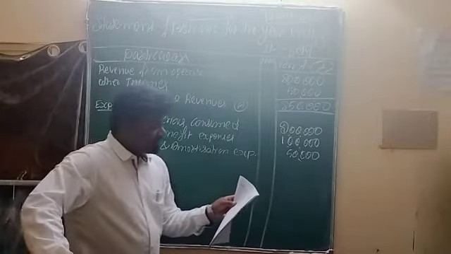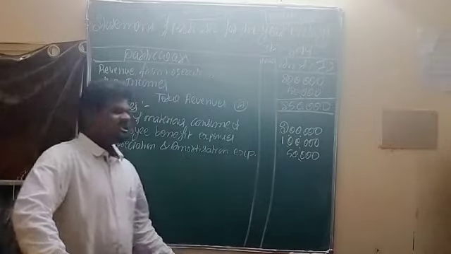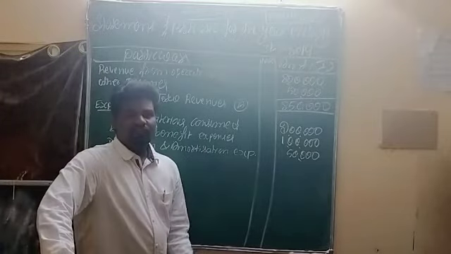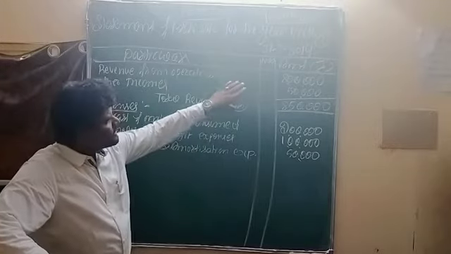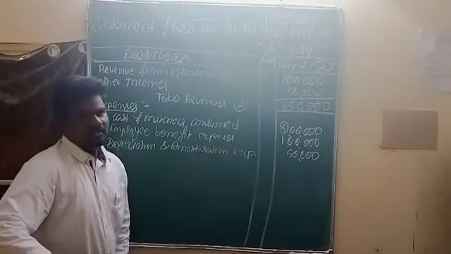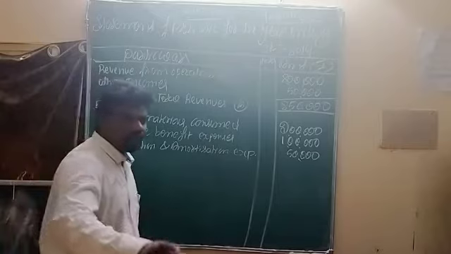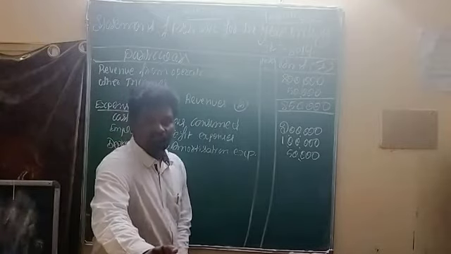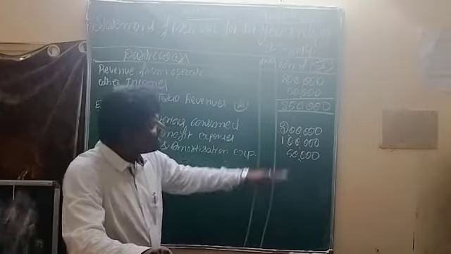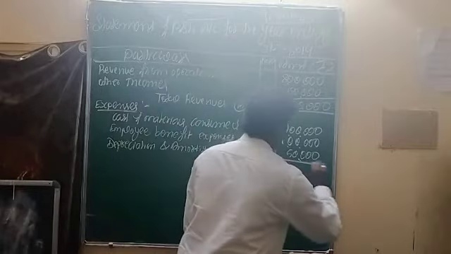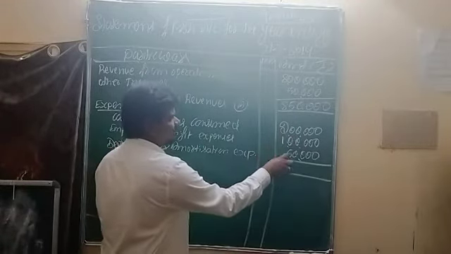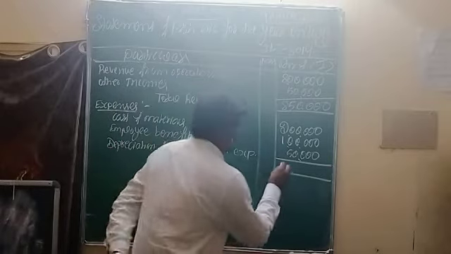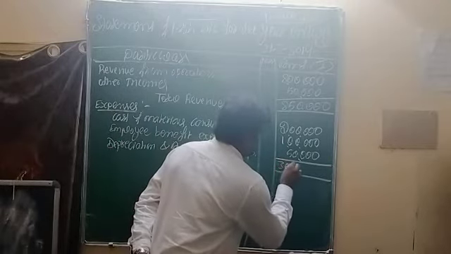The next one, tax. But as per the information given in this question, we have recorded all the incomes as well as all the expenses. Next, we have only one transaction, which is related to tax. Now make the total of all the expenses: 2 lakhs plus 1 lakh plus 50,000. The total balance is 3,50,000.